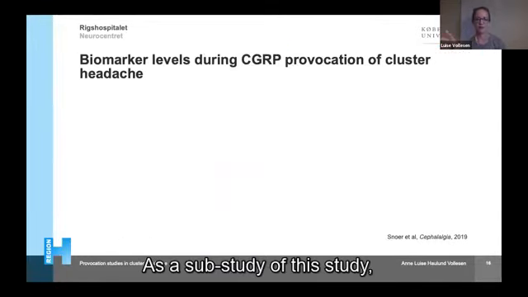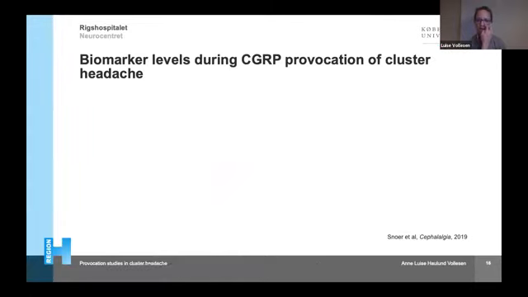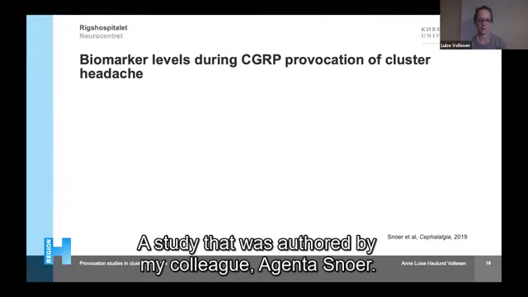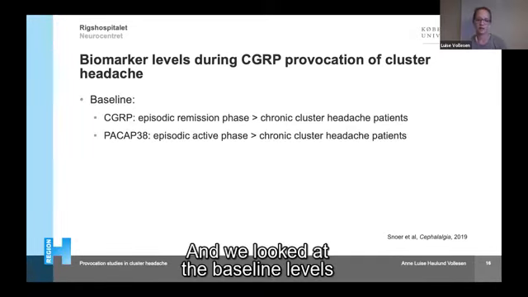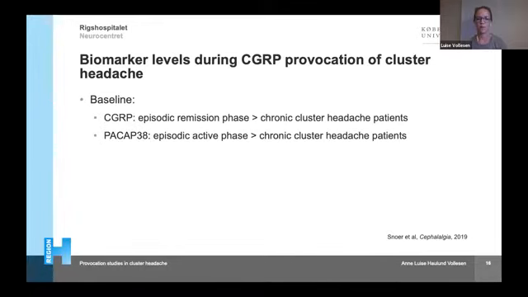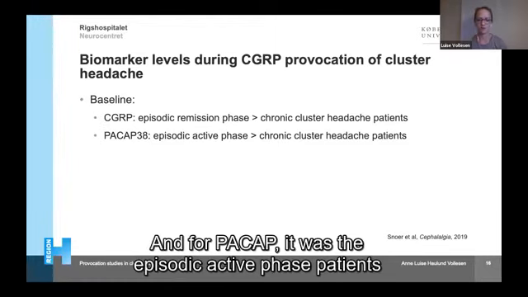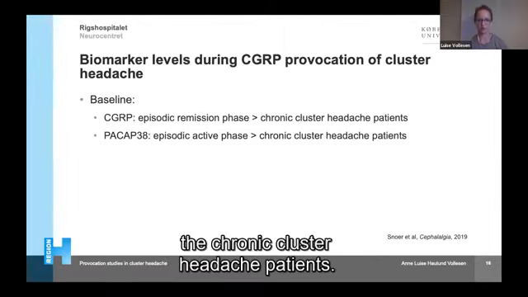As a sub-study of this study, we also looked at biomarker levels during CGRP provocation, a study authored by my colleague Agneta Snoa. We looked at the baseline levels and saw that CGRP in the episodic remission phase was higher than in the chronic cluster headache patients. For PACAP, it was the episodic active phase patients who had higher baseline levels than the chronic cluster headache patients.